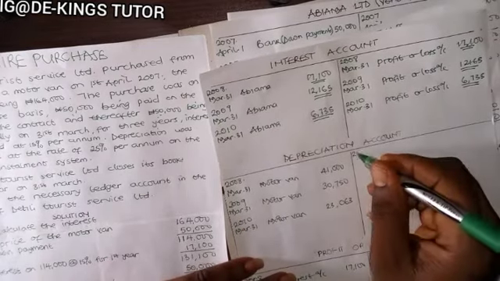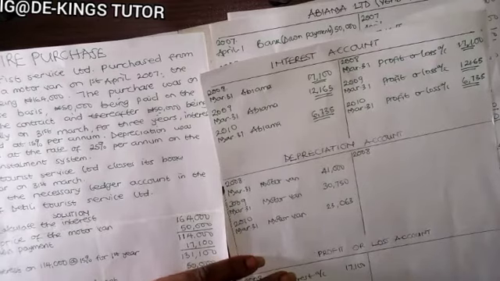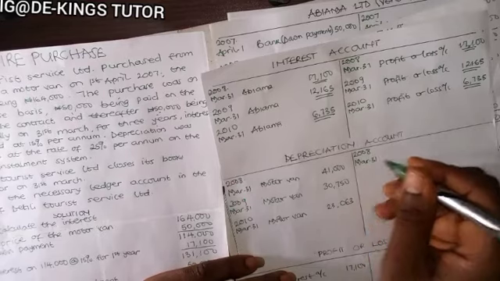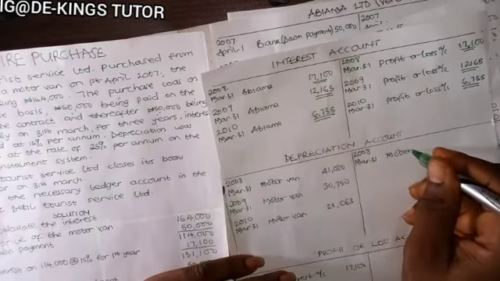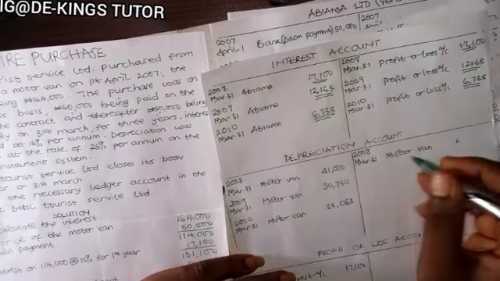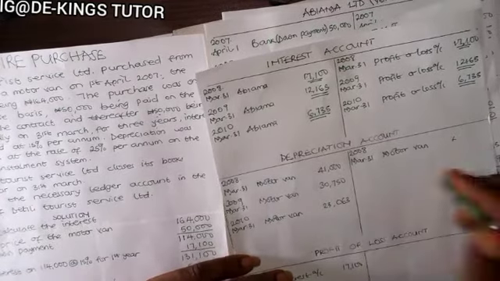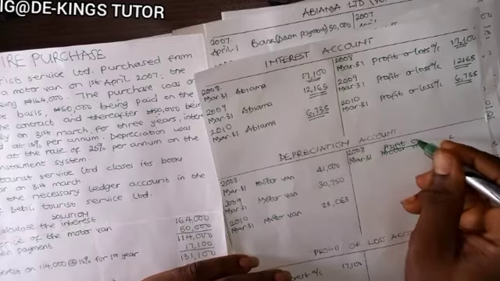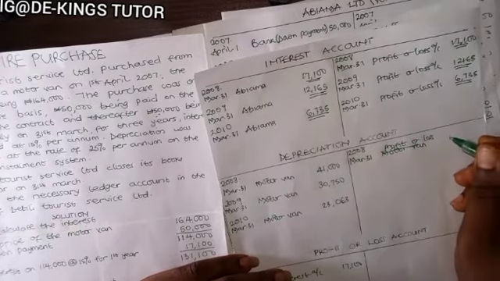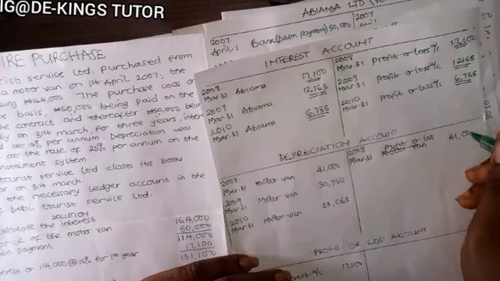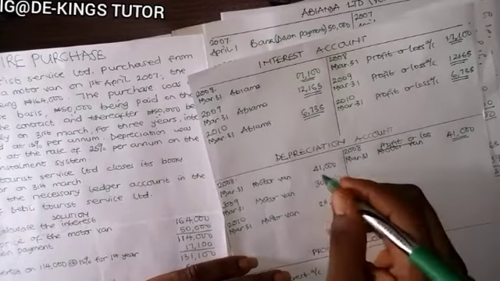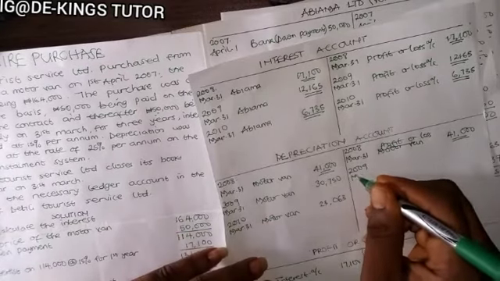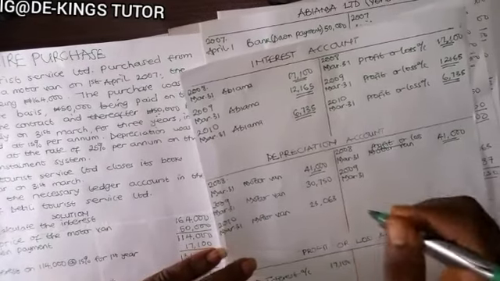So we'll close 2008 here, March 31st. We have motor van, we have profit or loss account, profit or loss 41,000. The next one, 2009, March 31st.